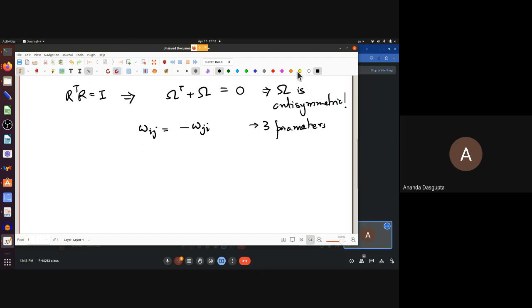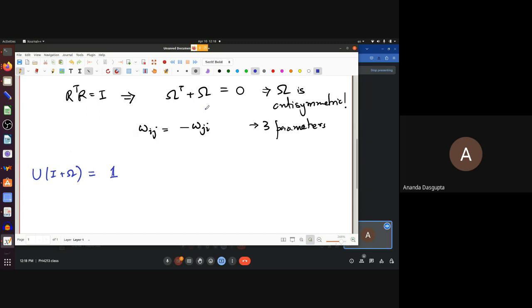So what about the corresponding U of R? Especially, what about U of this? When I say I plus omega, I mean a tiny rotation. So what is the corresponding operator for a tiny rotation? Well, it's easy to see that for no rotation at all, it should be the identity operator in that space. So what do you have here?